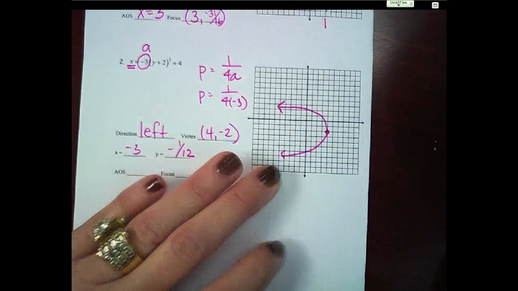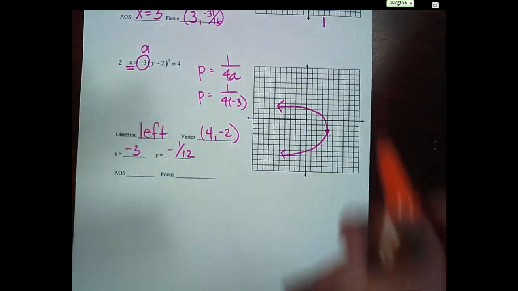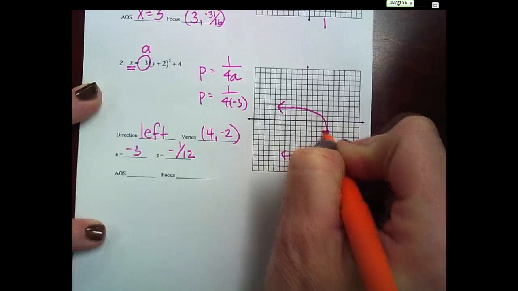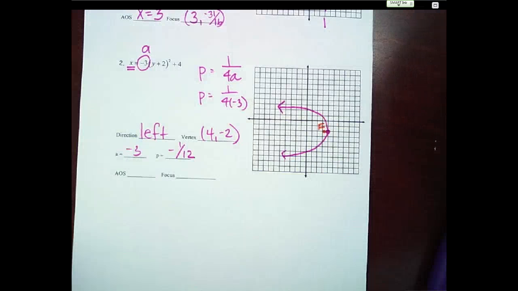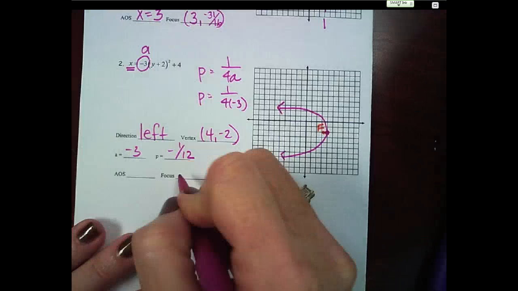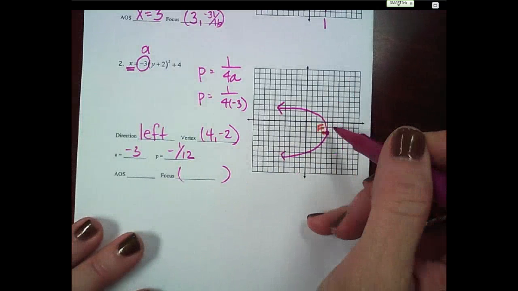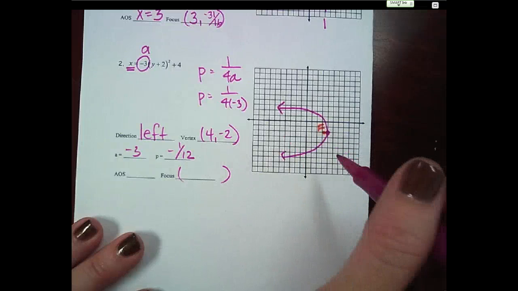Now we have to put in your foci. Your foci is moved left 1/12. So right here. Just right inside the vertex. Okay? So now let's find our new point. The point of our focus, I'm sorry. So if you think about this, I slid it left and right. So which value changed?